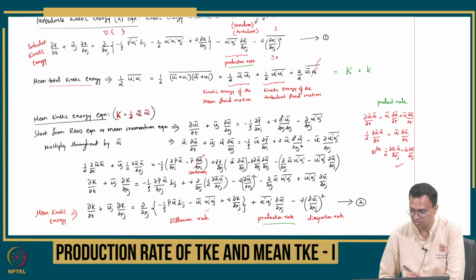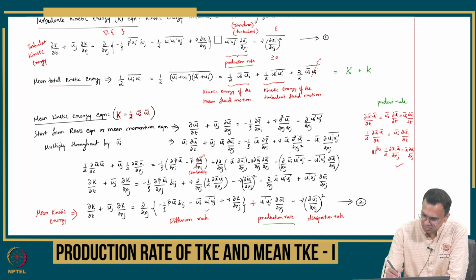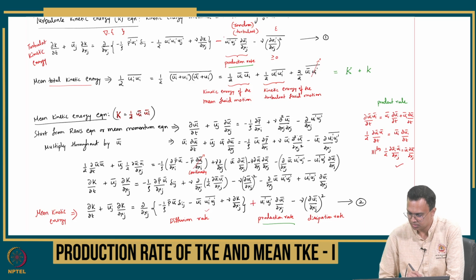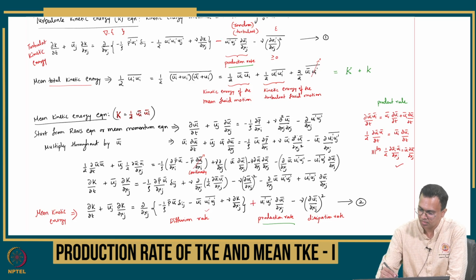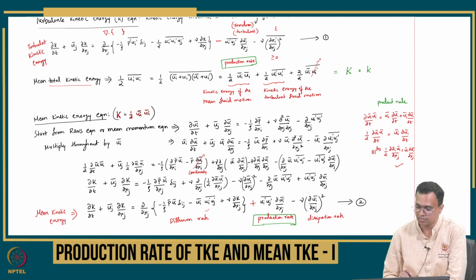So I have here, it has become plus here, and this is minus here, but the term is the same, right? The term looks the same, but the sign is different. What does this mean?